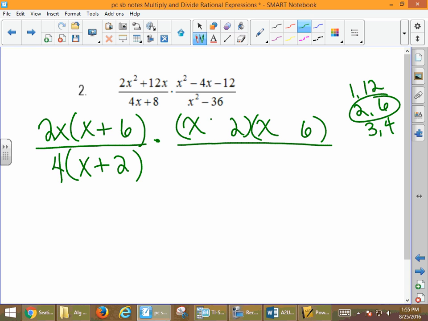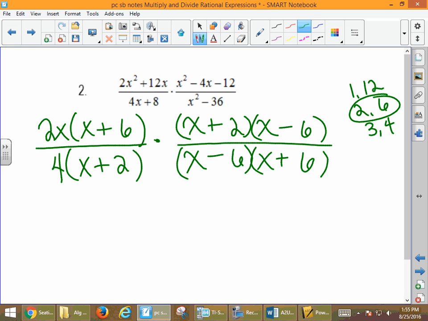And it's going to be plus 2, minus 6. And then finally, x squared minus 36. Our favorites, and I might have to add sarcasm in there. Difference between two squares. x squared is x and x. 36 is 6 and 6. Difference between two squares, different signs.